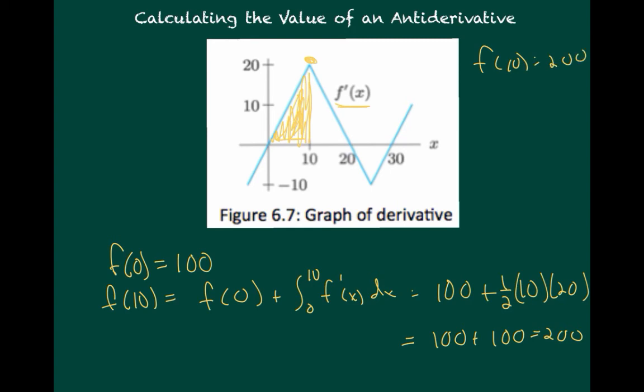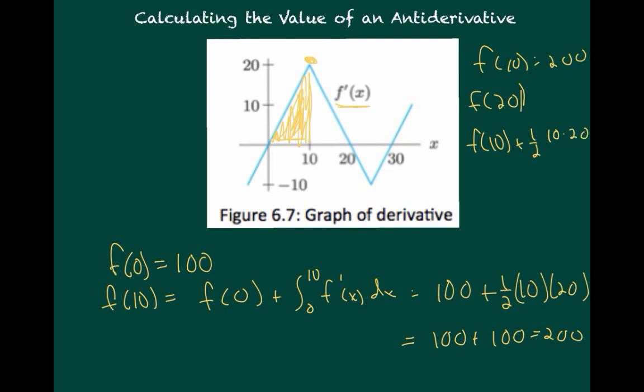Okay, now what's f of 20? Well, f of 20 is going to be calculated in the same way. We're going to start off with our value of f of 10, and we're going to add on 1/2 the base from 10 to 20, which is 10, times the height, which is 20 again.